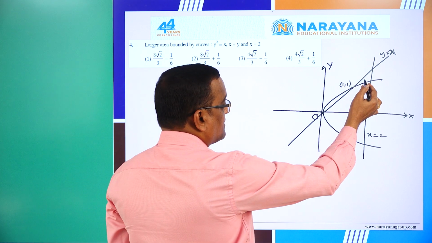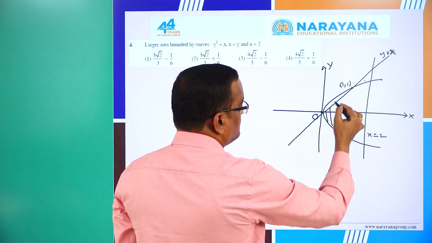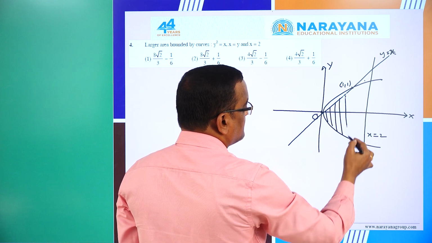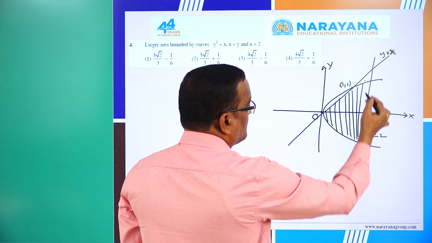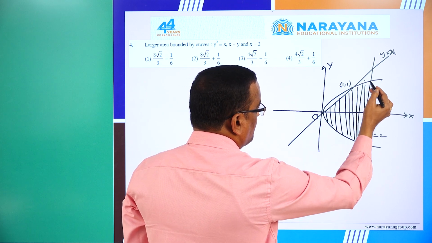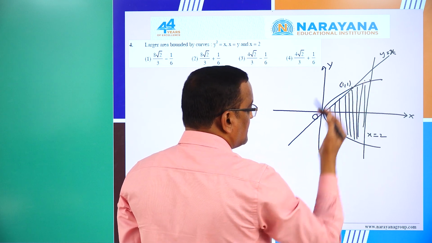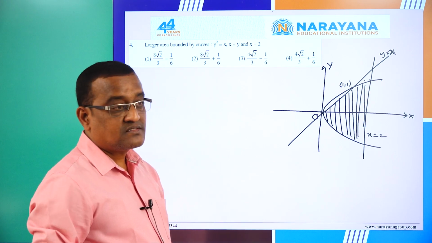One is this one and another one is this. This is the region bounded by the parabola, the line y equal to x, and x equal to 2. This is also a region, but we want the larger region, that's why this one.